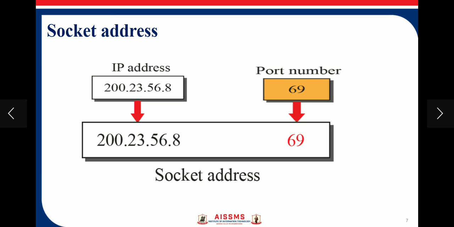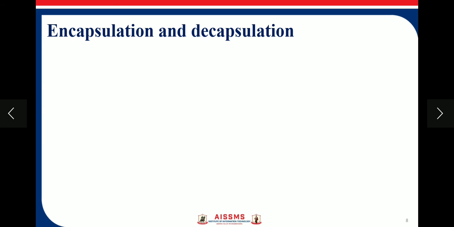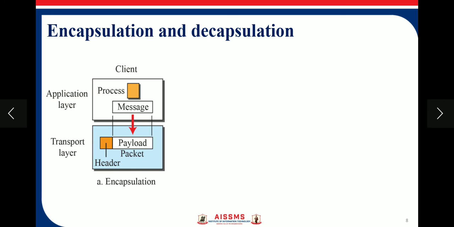These four pieces of information are part of the network layer packet header and the transport layer packet header. The first header contains the IP addresses, the second header contains the port numbers. So now encapsulation and decapsulation.